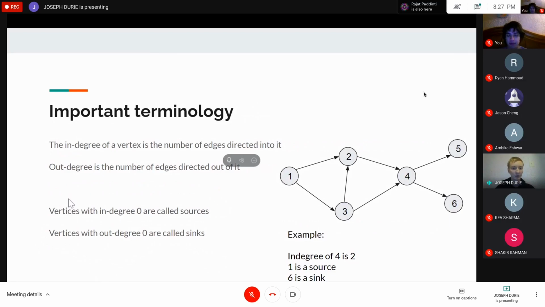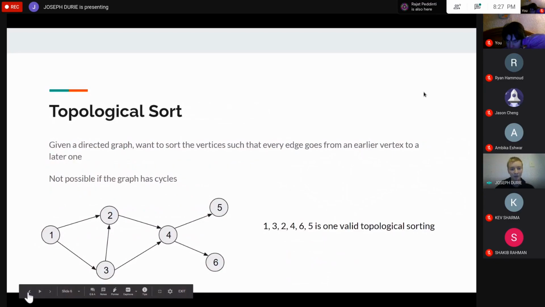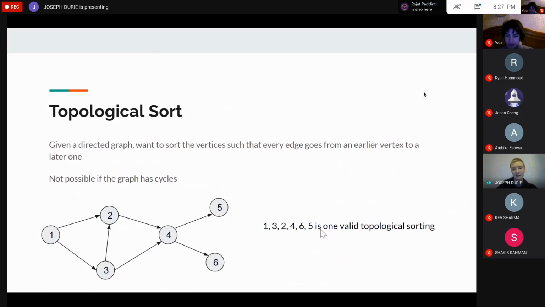Right. So by earlier or later, I mean their index in this sorted list, basically. So if you take any two vertices that have an edge between them, like 3 and 4, 3 is earlier than 4 in the list, right? Because it has a lower index here. And we have the edge directed from 3 to 4, so that works.